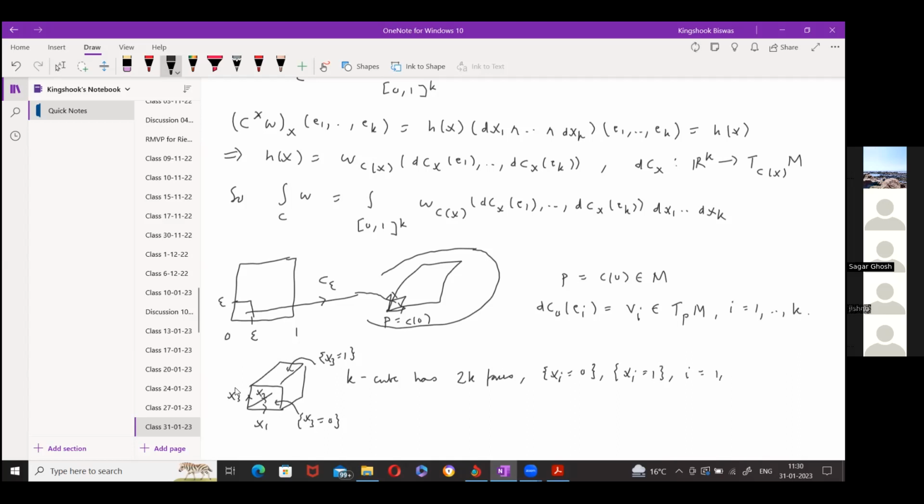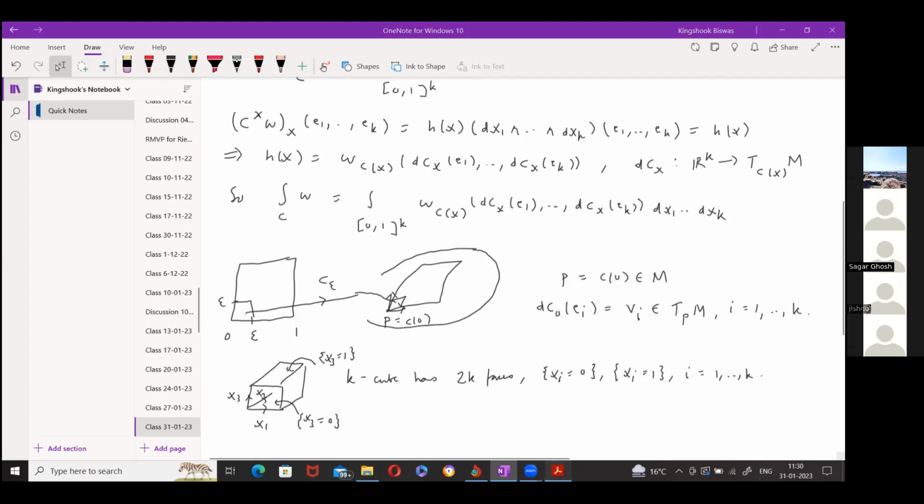These are your 2k faces. Okay. So using these, we can get 2k singular k minus 1 cubes, by restricting our singular k cube C to each of these 2k faces.